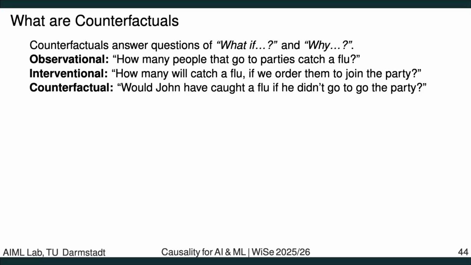And in the counterfactual, it's would John have caught a flu if he didn't go to the party, which basically first implies that he went to the party. So we have some sort of evidence, and we don't reason about some group of people that might be there before in our noise distribution, but we reason about a particular individual, for which we want to know the counterfactual outcome.